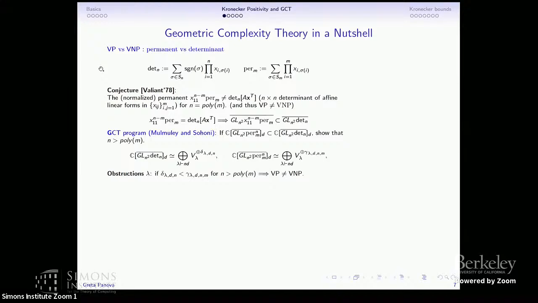So one way to distinguish these coordinate rings, which are pretty large, is by looking at their decomposition into irreducible representations. Again, these are GL n squared invariant spaces, so they are GL n squared modules.